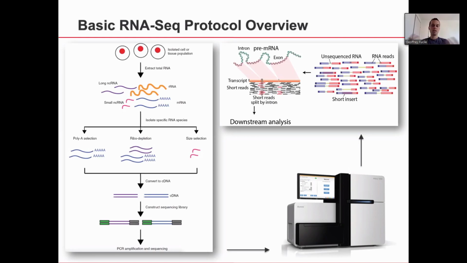So if we're interested in assessing RNA, we first have to get the RNA out, and if starting from this population of cells, we crack them open and get the RNA out, we see that there's really a broad diversity of types of RNA that are present in the cell. So of course, there's a lot of ribosomal RNA. This is actually the bulk of the population of RNAs.